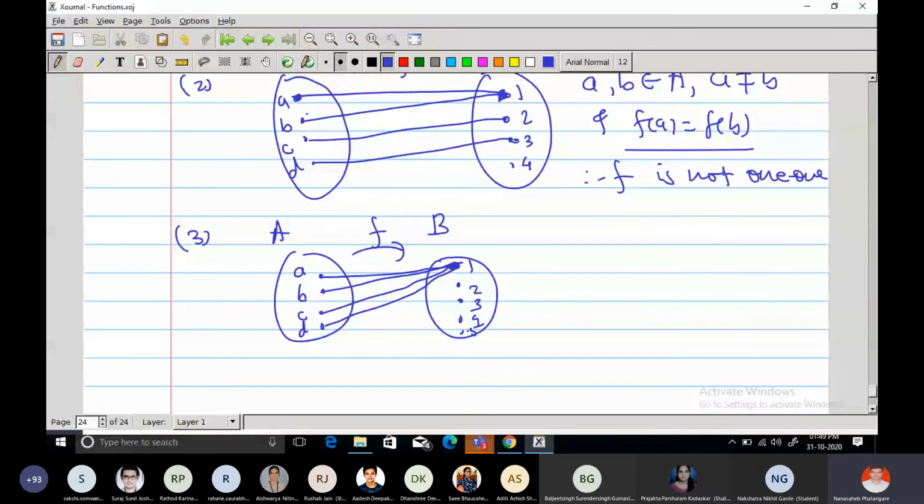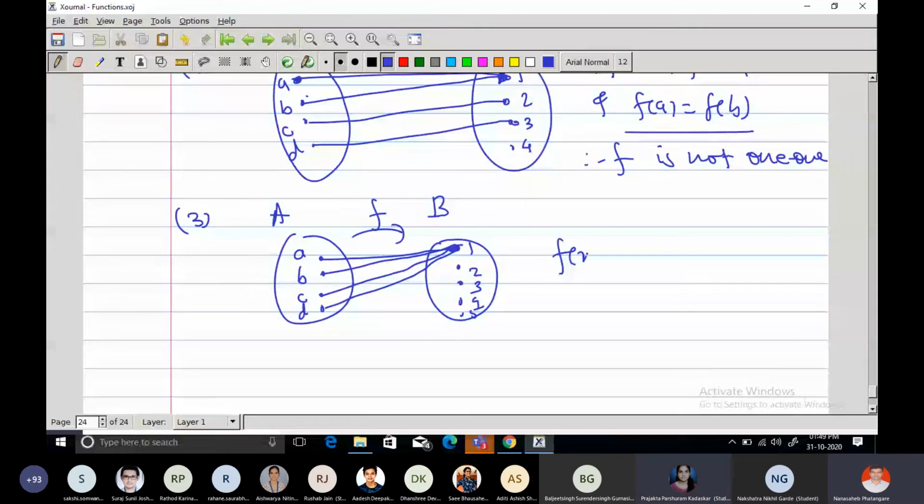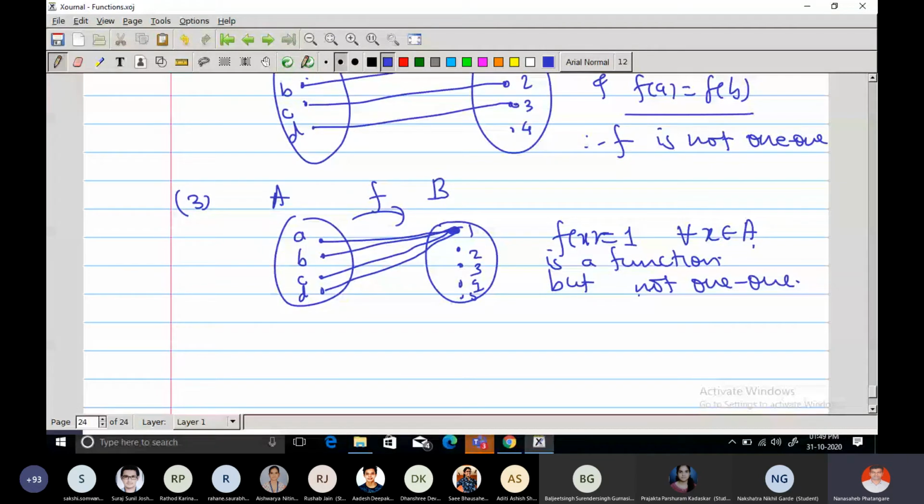Now, is it a function? Yes, sir. So f of x is equal to 1 for all x. Everything is mapped to 1. It is a function but not a one-one function.